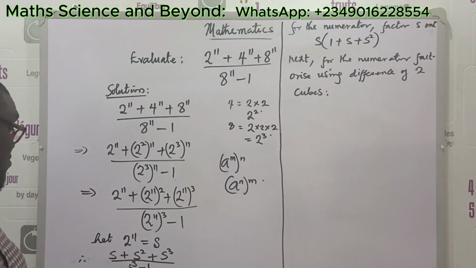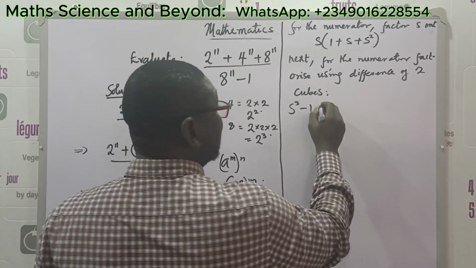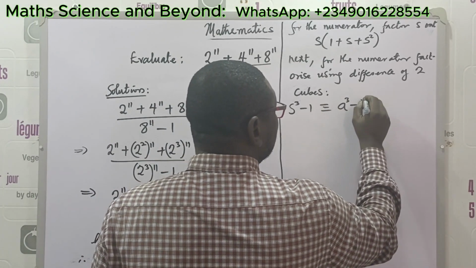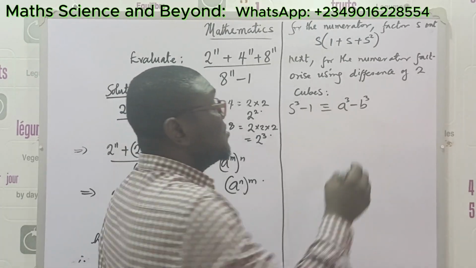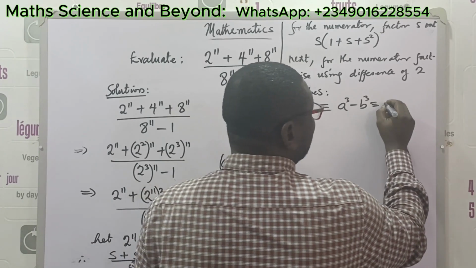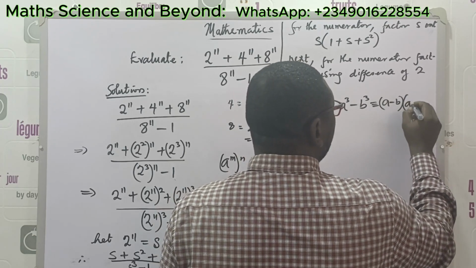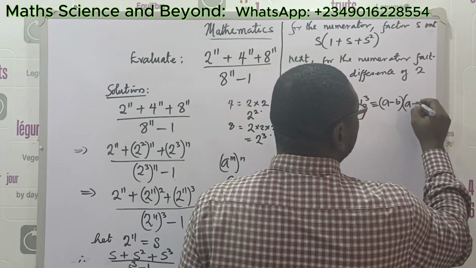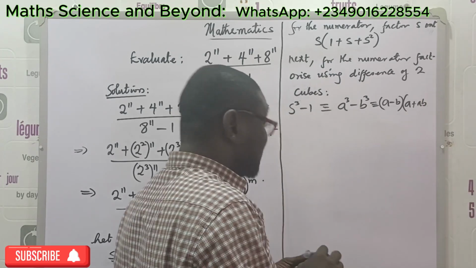The denominator, which is S cubed minus 1, we'll represent as a cubed minus b cubed. For us to be able to factor this out, this is the same thing as a minus b, then a squared plus ab plus b squared. Let me rewrite this, sorry.